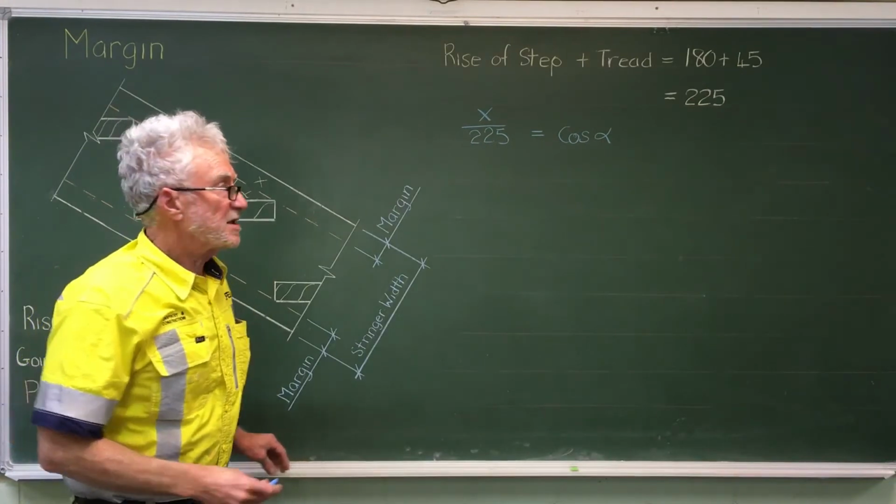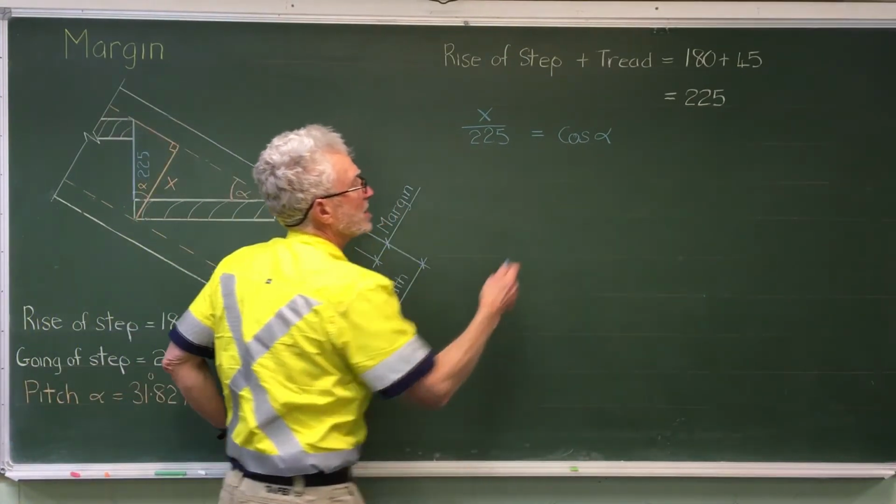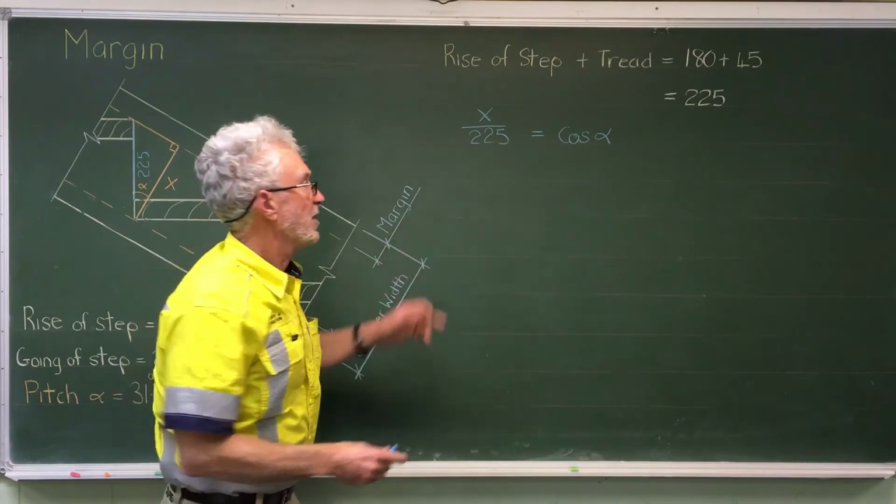To get x by itself, I multiply both sides of the equation by 225.